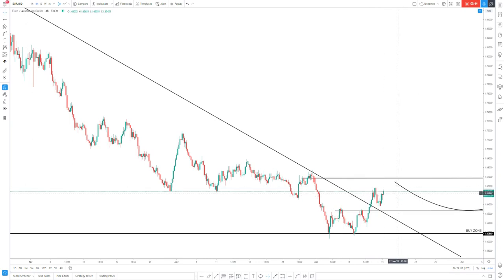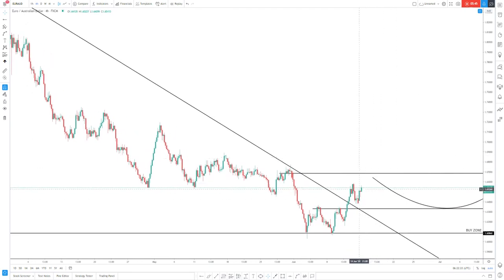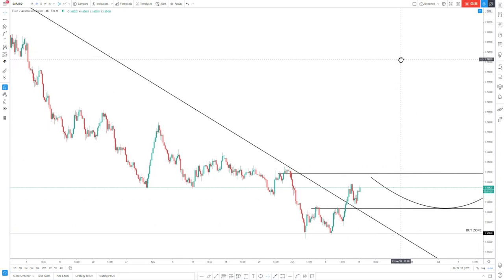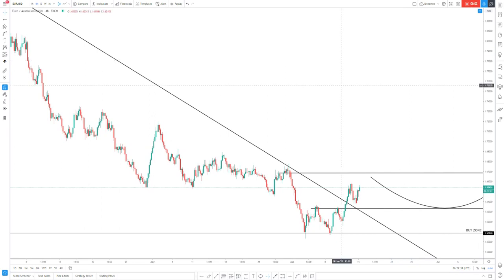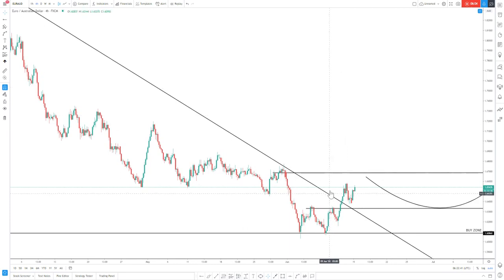So I expect price to move to the downside, as it is yet to close above this previous high created, and then fly all the way up to the 90% target, creating a series of higher highs and higher lows. That's what I expect EURAUD to do.